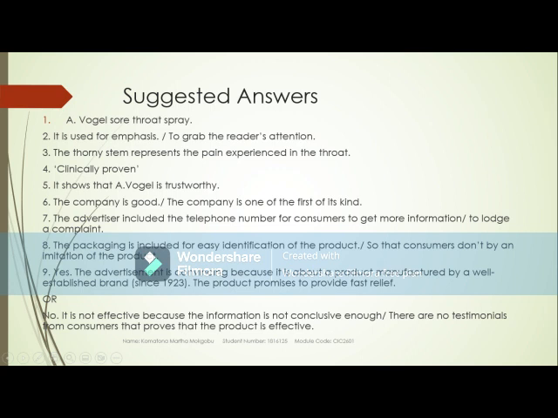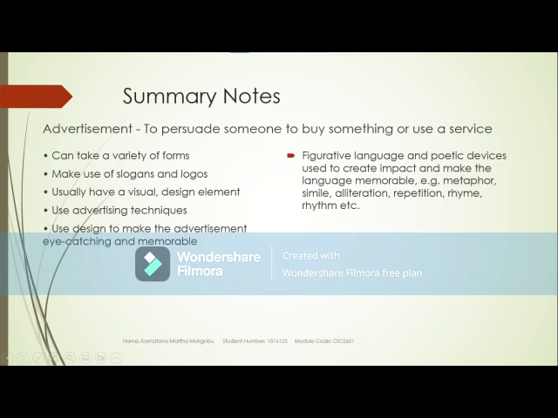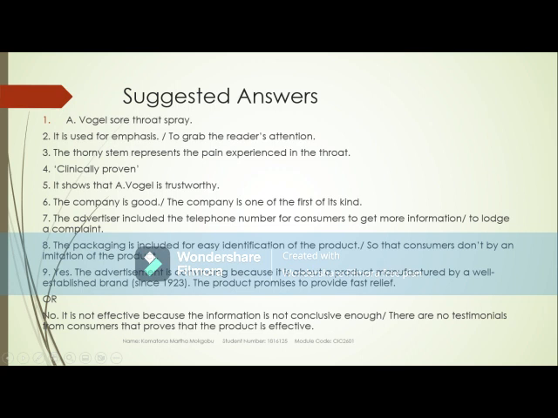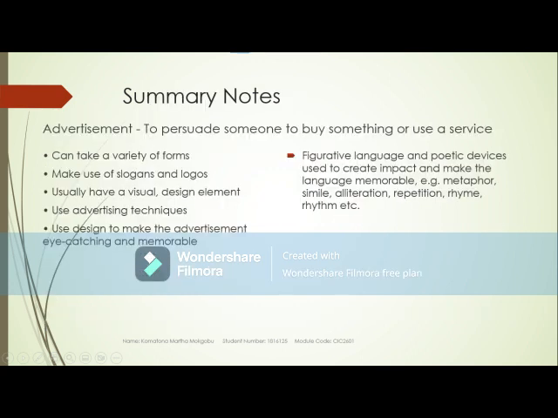So we go to another page, which is summary notes. It's important to know summary notes about the advertisement. So an advertisement is used to persuade people to buy something, a good or service, or use of a service, right? Cool. So the summary notes say advertisements can take a variety of forms.